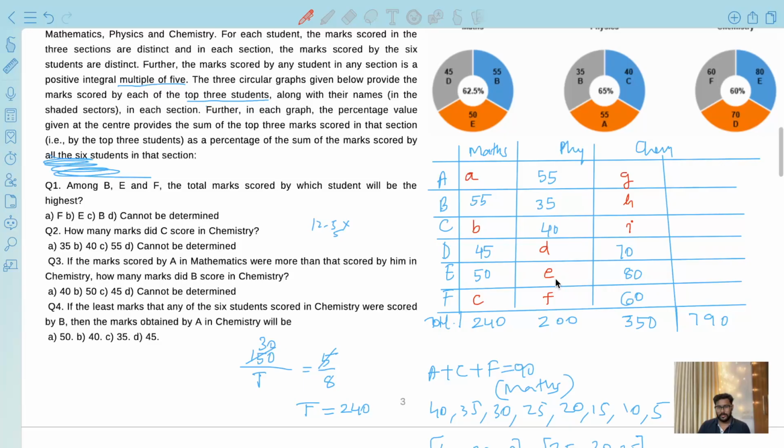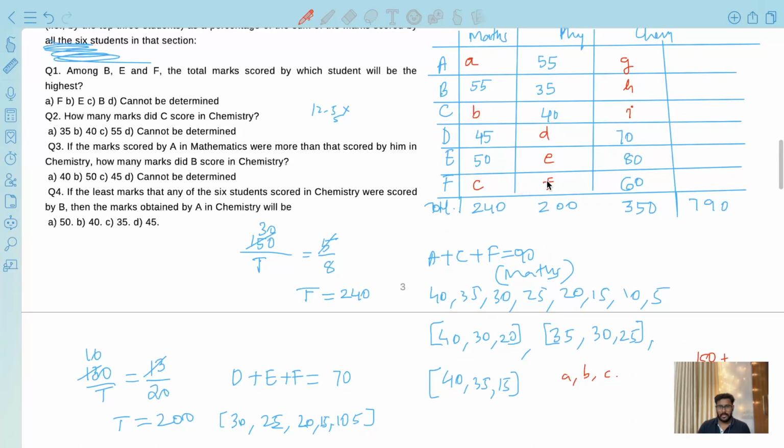Now here, D: 30, 25, and 15. 30, 20, 15.